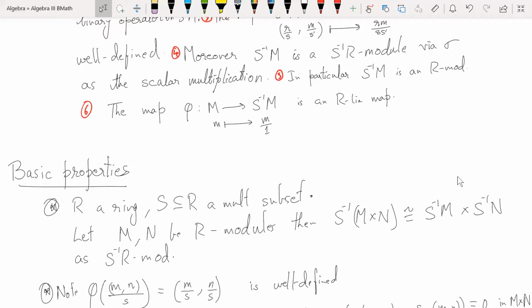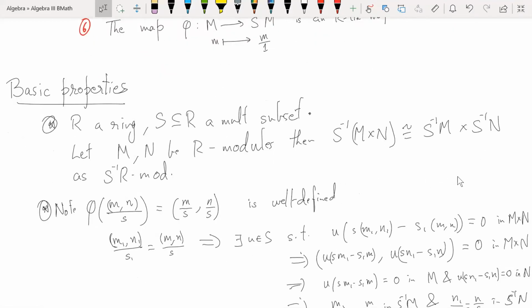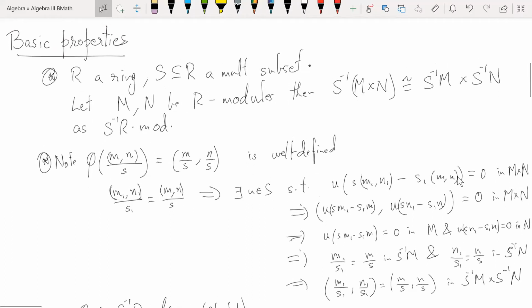So localization commutes with taking finite direct products. When you're talking about finite direct products, direct sum and direct product are the same. Maybe we'll see a proof of this. We want to give a map from the left hand side to the right hand side and conversely.